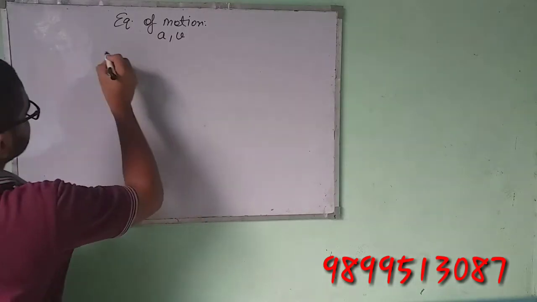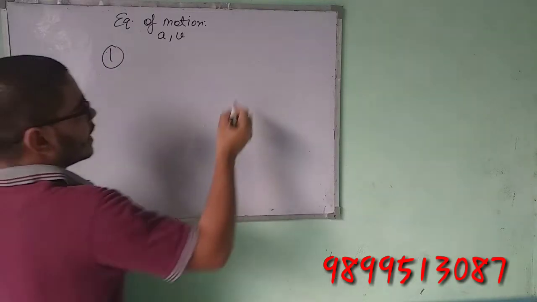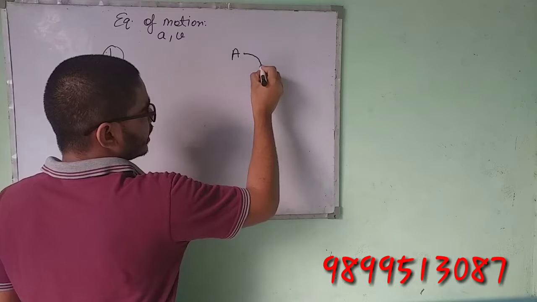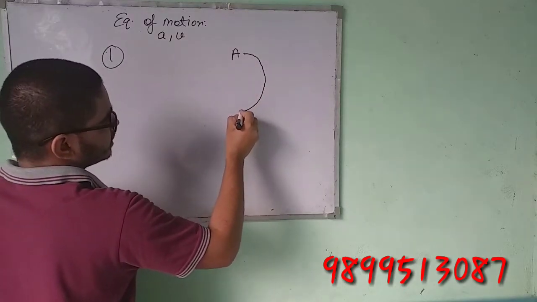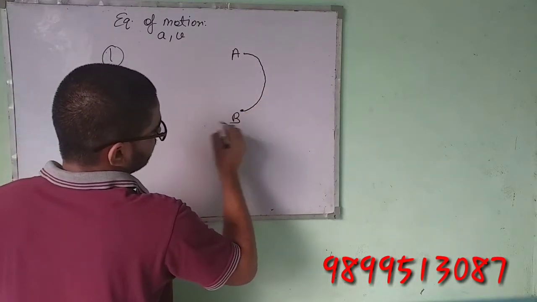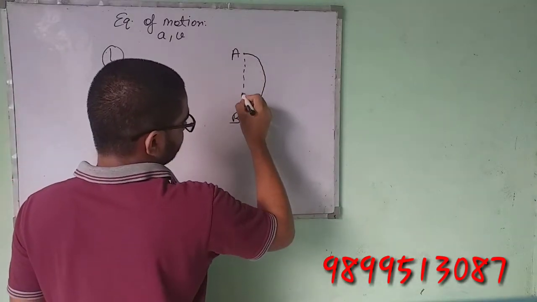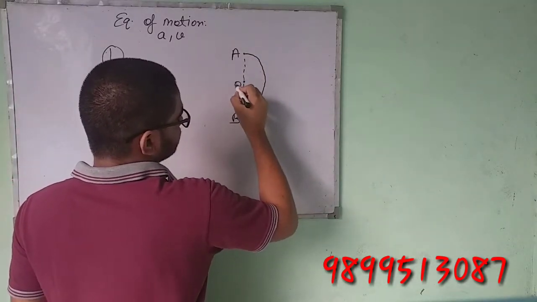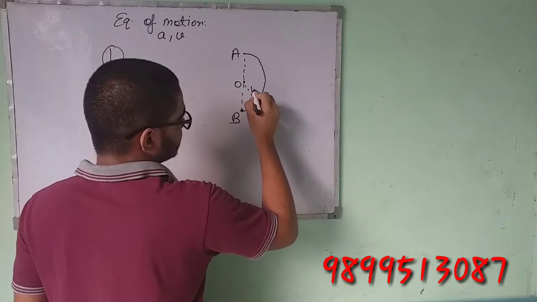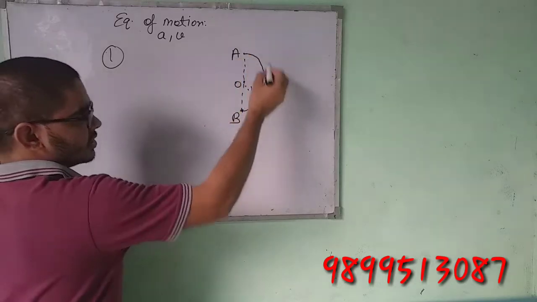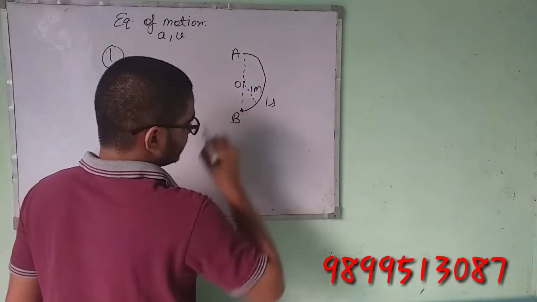So the first one is: a body starts its journey from point A and reaches point B, following this circular path. Say the radius of this circular path is 1 meter and the time taken by the body in this journey is 1 second, right?